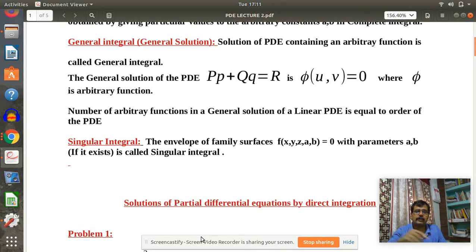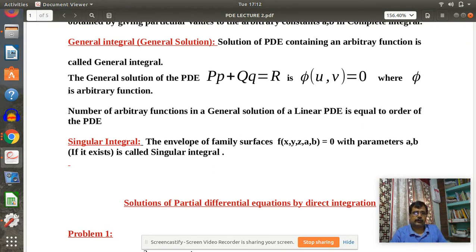That is, in the case of a linear first order partial differential equation, the general solution contains one arbitrary function. In the case of a second order partial differential equation, the number of arbitrary functions is 2. So the general solution of a linear partial differential equation Pp plus Qq equal to R is given by phi of u, v equal to 0, where phi is an arbitrary function.